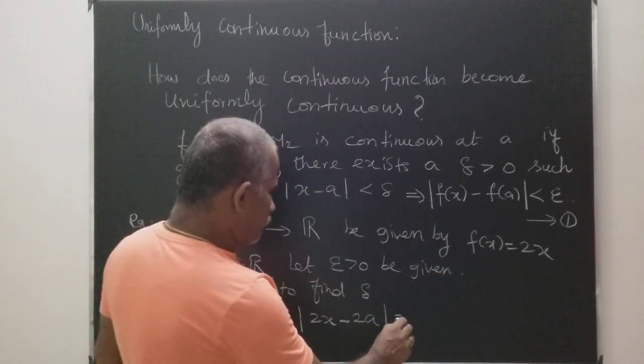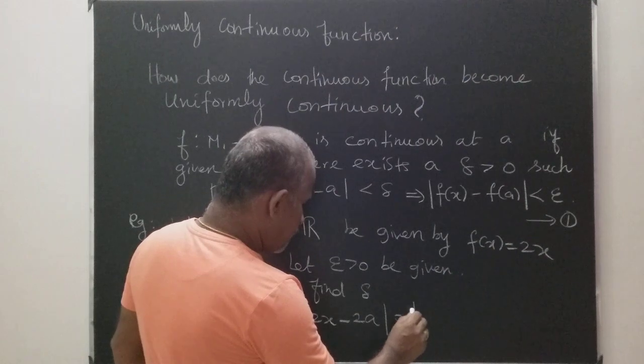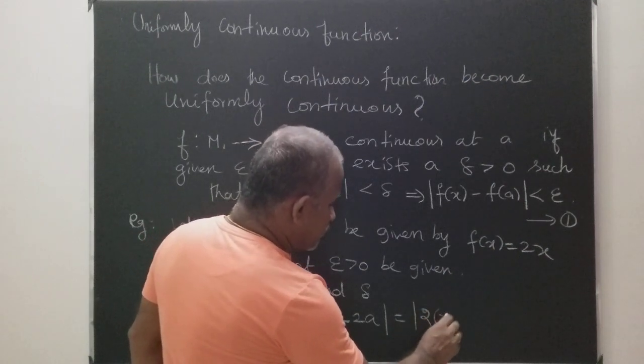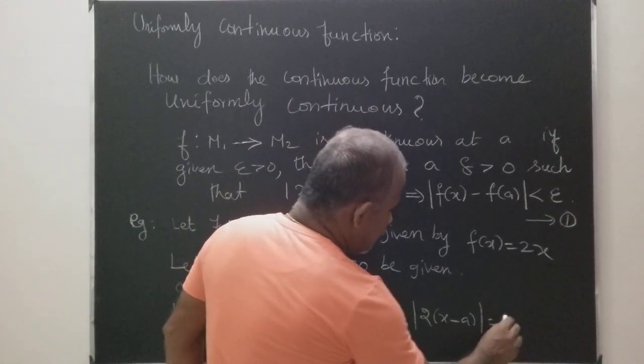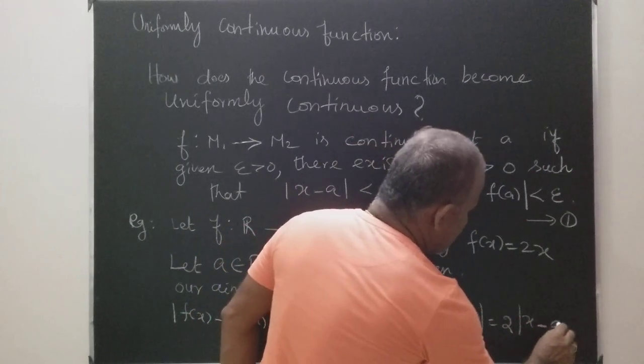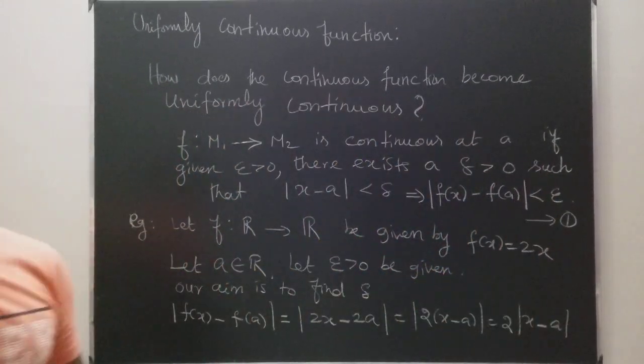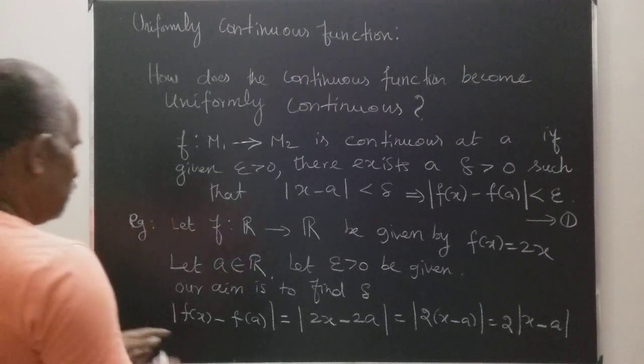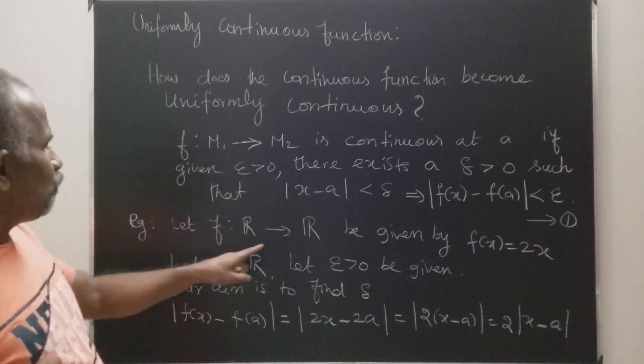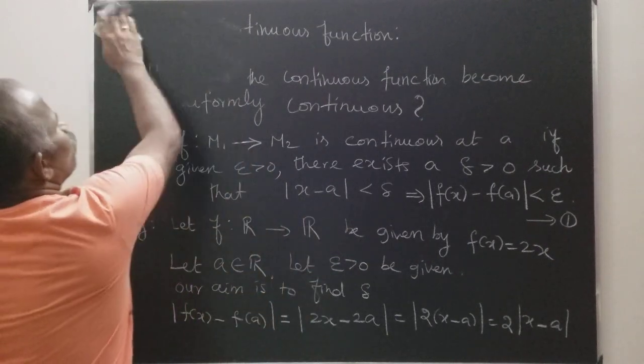So this is equal to modulus of 2 times (x minus a), which is 2 times modulus of x minus a. Now our aim is to find delta.